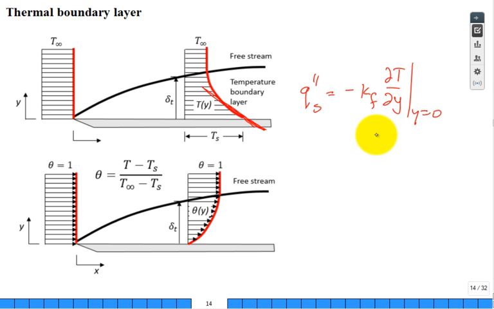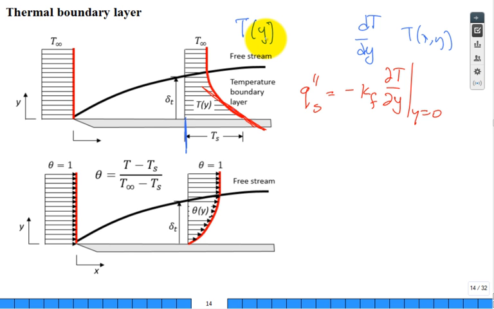Sometimes I'm a little sloppy. Sometimes I'll put dT dy. I know the difference between an ordinary derivative and a partial derivative, yes, because T is a function both of x and y, I should put the partial derivative. But every now and then I'm just thinking of, at this location x, I know T as a function of y, hence I'll put it as an ordinary derivative.